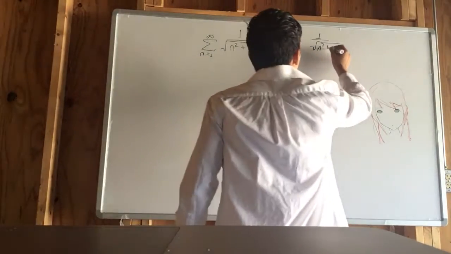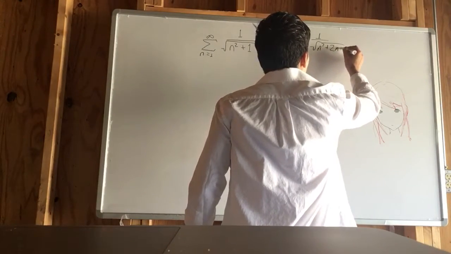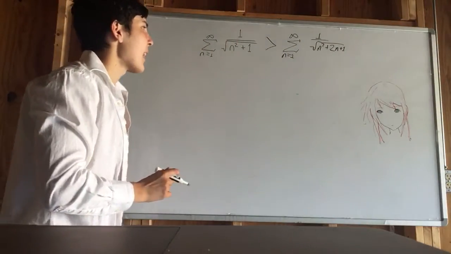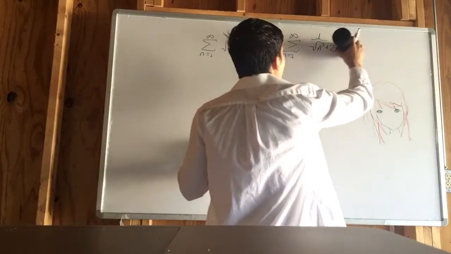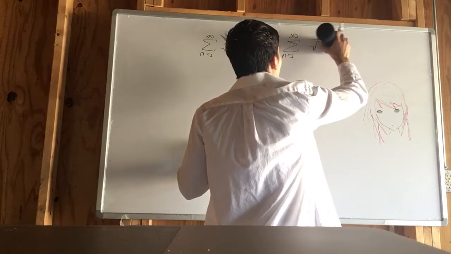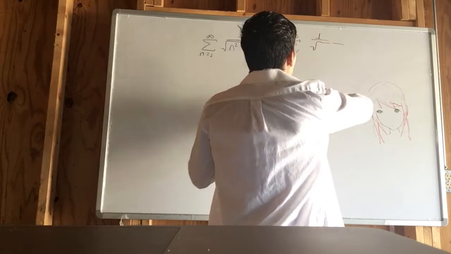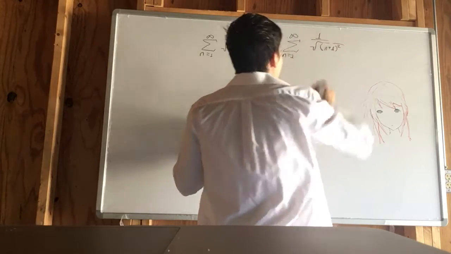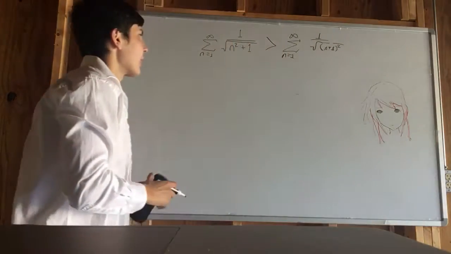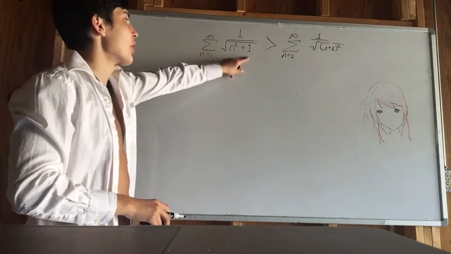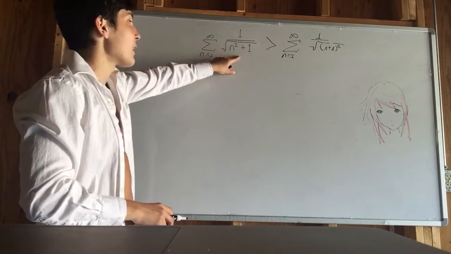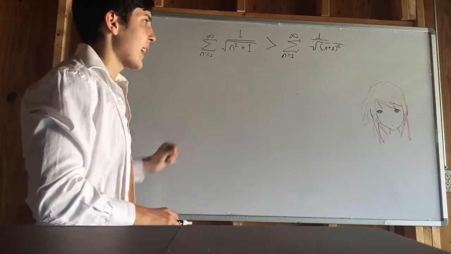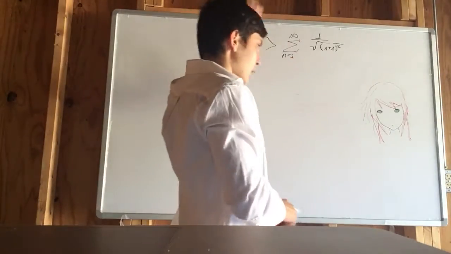So let's make our life simple by doing this, because that easily factors, and then here we have n plus 1 squared. We would have n plus 1 squared, and this would certainly be a smaller denominator, and therefore a larger series as a whole than this one.